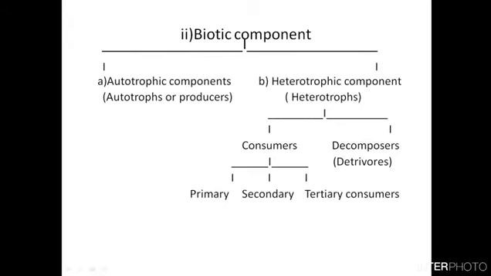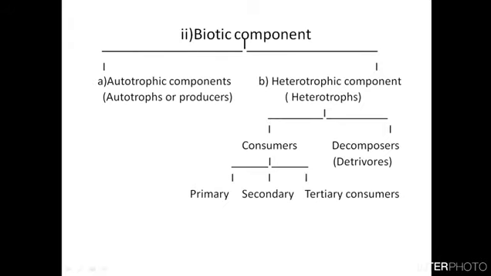The primary consumers are directly dependent on the producers. The secondary consumers are dependent on the primary consumers, and the tertiary consumers are dependent on the secondary consumers.